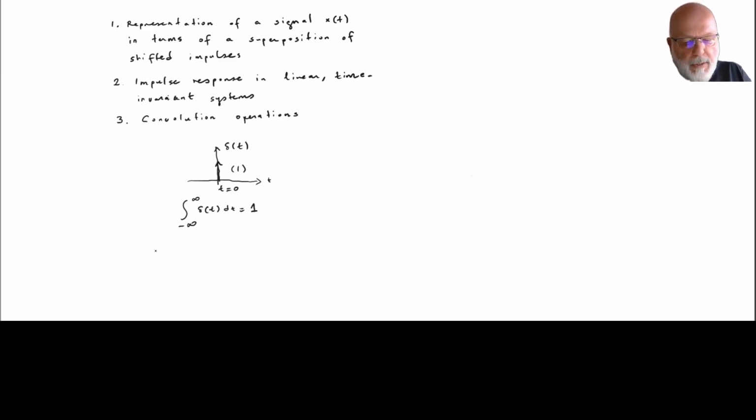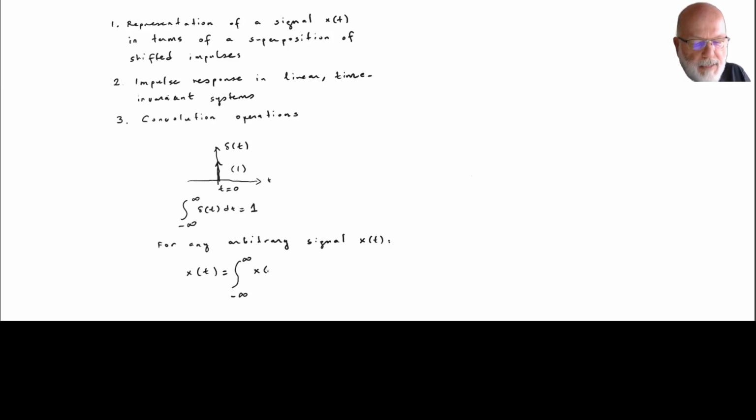Therefore, for any arbitrary signal x of t, we can write x of t as follows: the integral from minus infinity to plus infinity x of tau delta of t minus tau integrated with respect to tau.